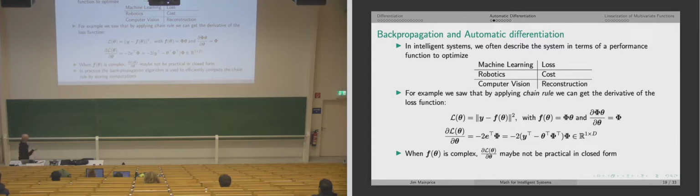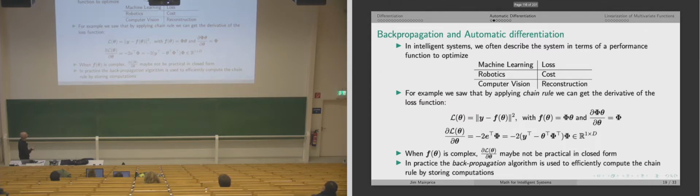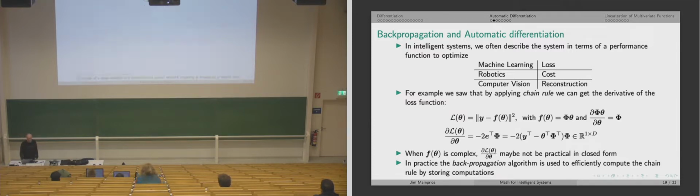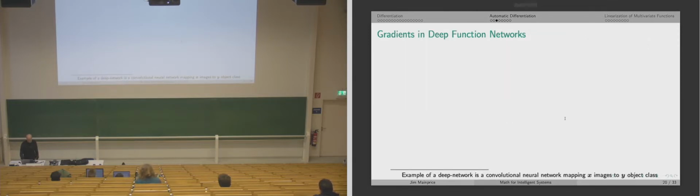So what we do there in practice is doing backpropagation, and the only thing that it's doing is computing the gradient efficiently by backpropagating the gradient from the output to the input, and kind of storing the computations along the way, such that they don't have to be recomputed. So that's what backpropagation does. And let's see just a feed-forward network.